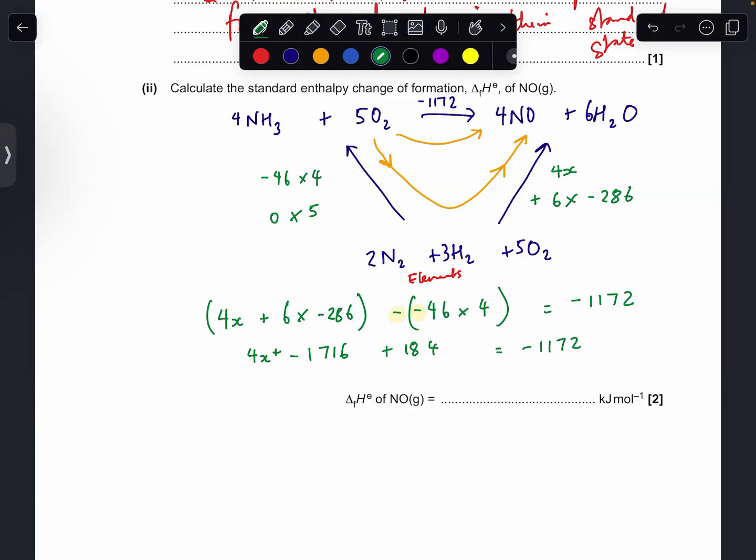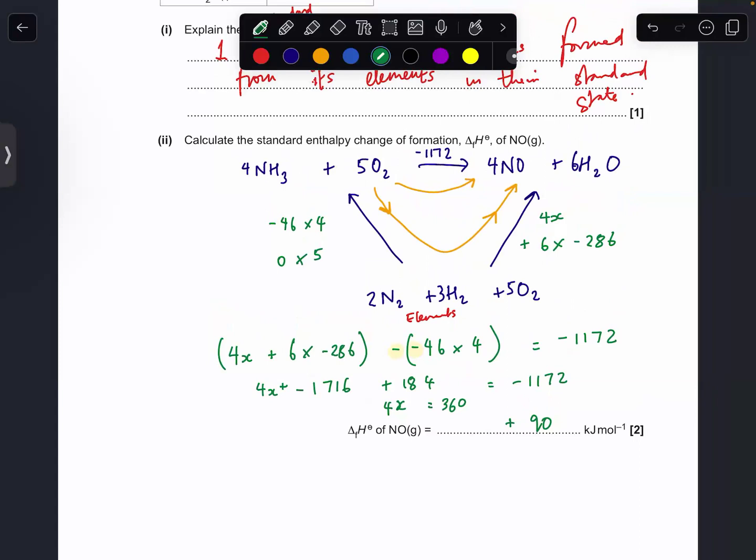Minus 184 and plus 1716. Wait a minute. Minus, yeah, plus. Whatever you do to one side, you do to the other. 1716. So 4x is equal to 360. And x is equal to 90. Plus 90 is your enthalpy change of formation of nitrogen monoxide. And that is correct.